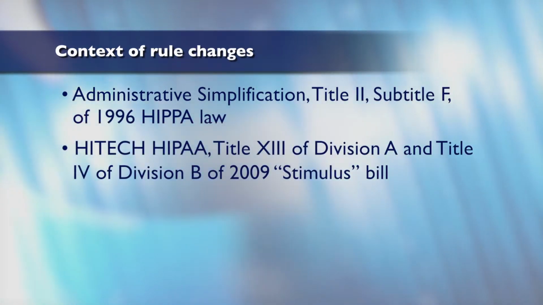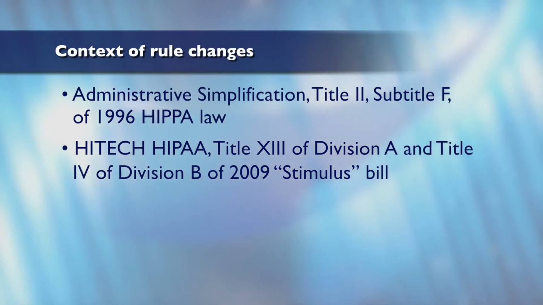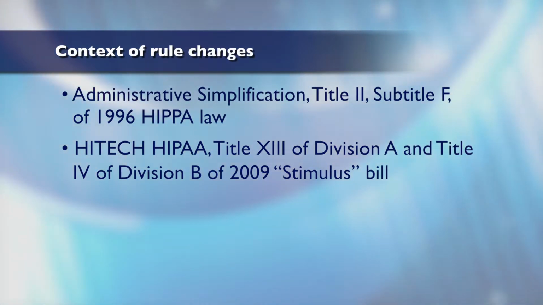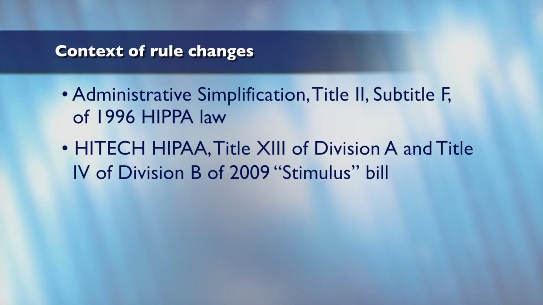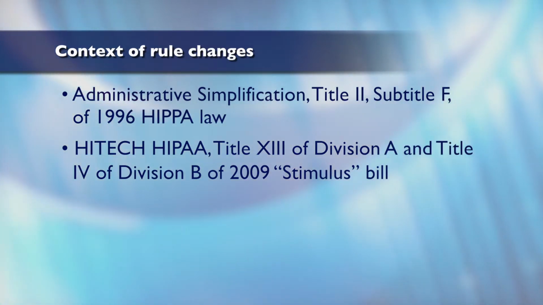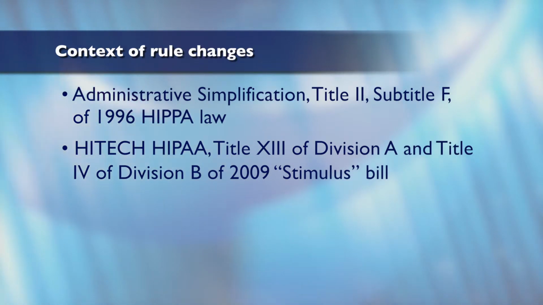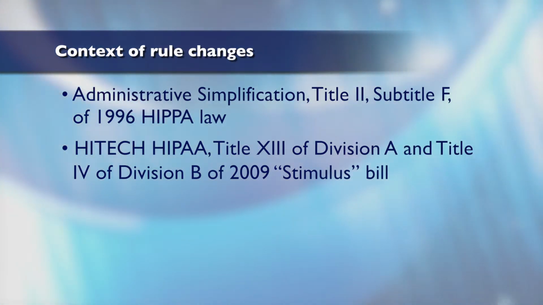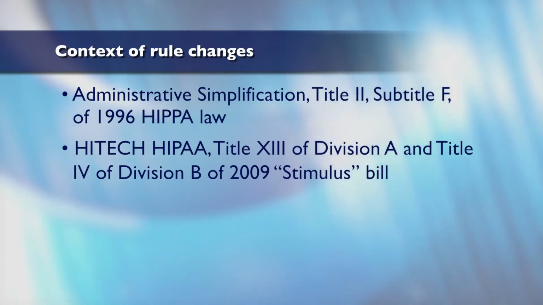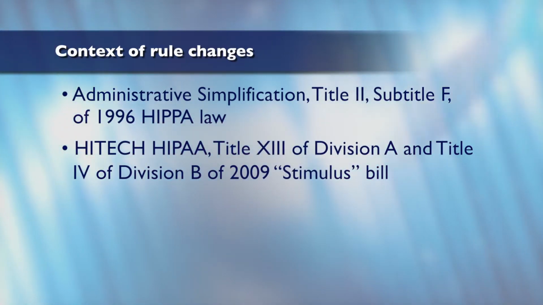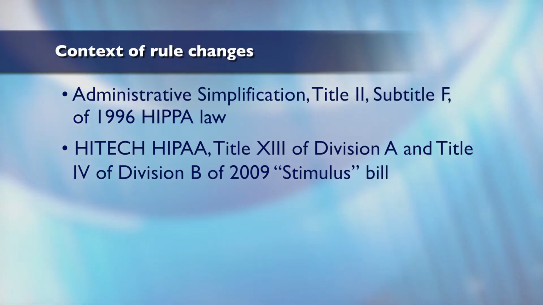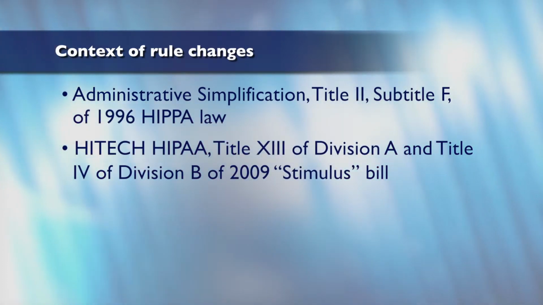Following the HIPAA law, in 2009, there was a stimulus bill, and tucked way back in the stimulus bill in Title 13 of Division A and Title 4 of Division B were features called high-tech HIPAA, and that significantly changed the enforcement strategy of HIPAA by increasing and tiering, meaning different levels, civil and criminal penalties for HIPAA violations. High-tech HIPAA got the attention of the healthcare industry because of those changes.